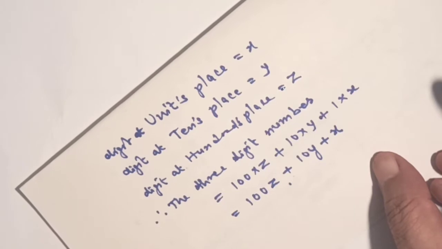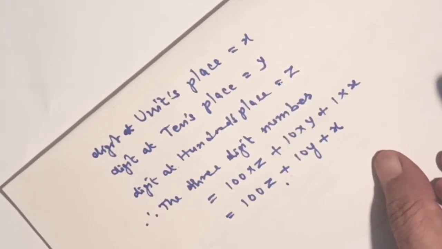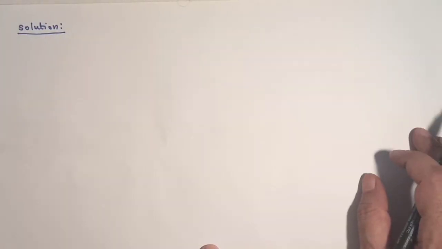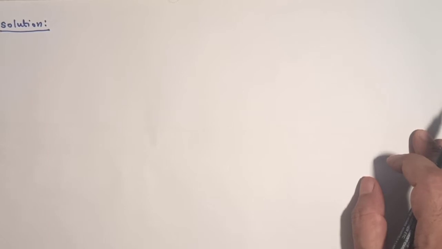I hope you understood this. Using this we can solve question number 1. In question number 1, there is a 2-digit number and the sum of the 2-digit number and the number obtained by interchanging the digits is 143. So what does it mean?